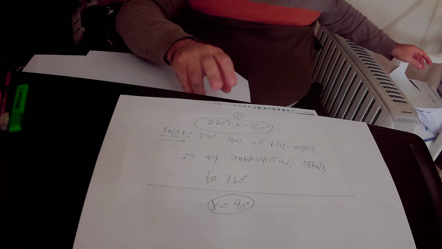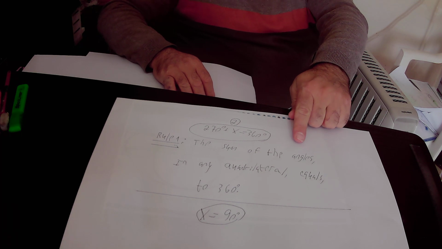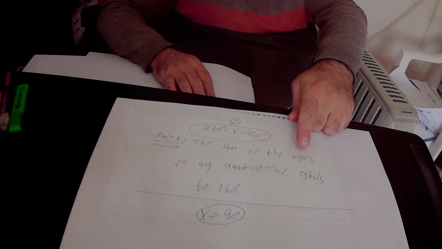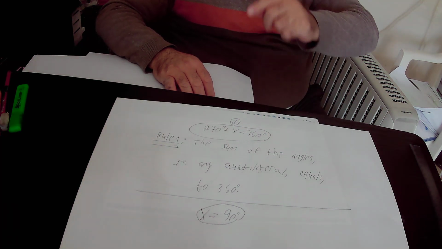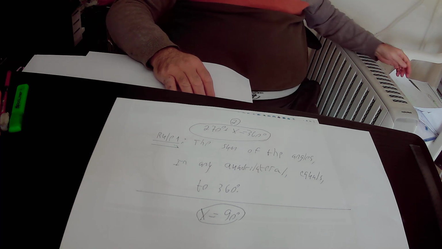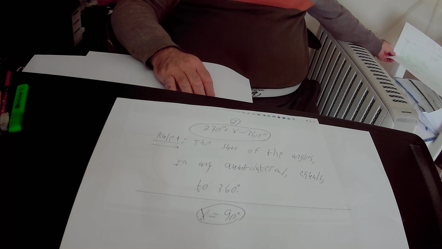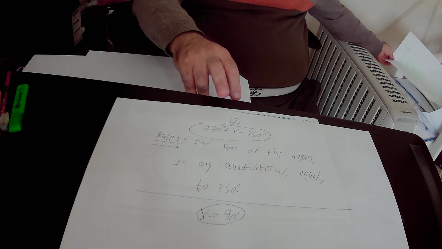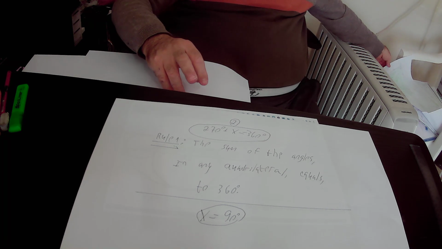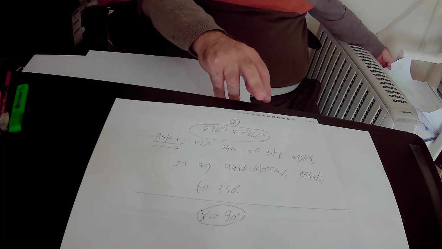According to rule number 1, that the sum of the angles in any quadrilateral equals 360 degrees, if we focus on quadrilateral MDON, then the sum of its angles equals 360 degrees.